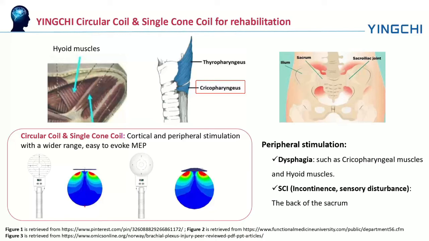And for patients suffering from spinal cord injury, we can stimulate the back of the sacrum with a single coil or a circular coil.